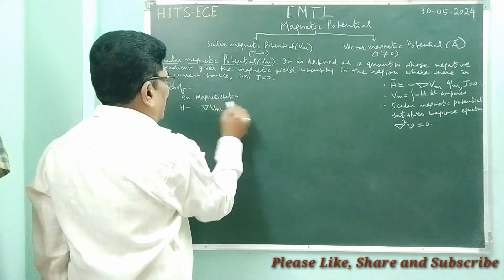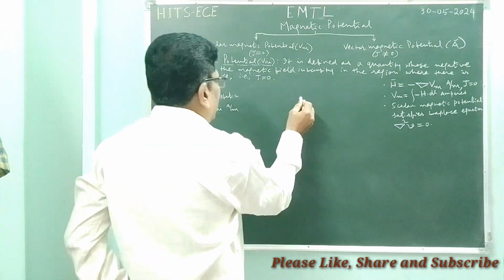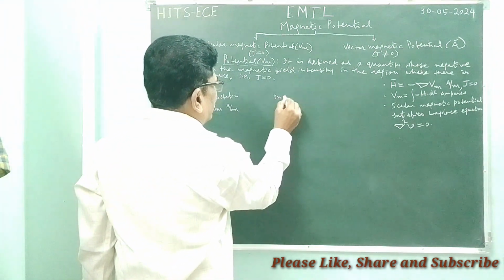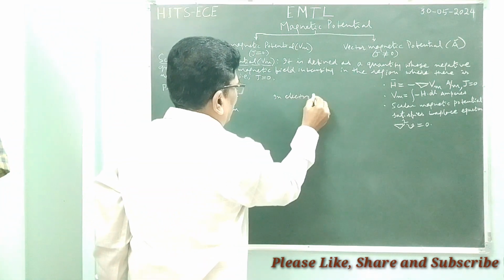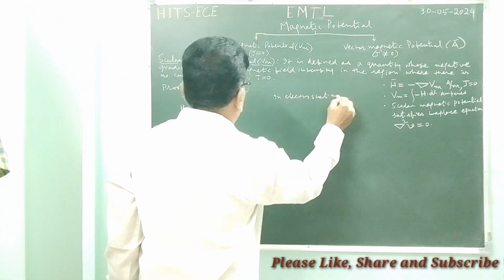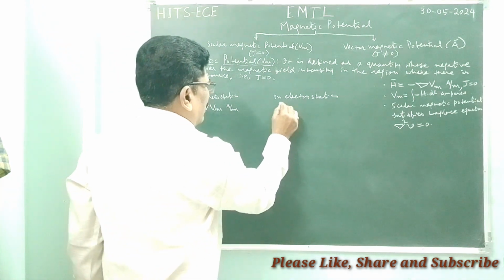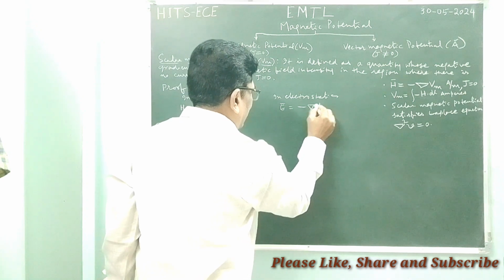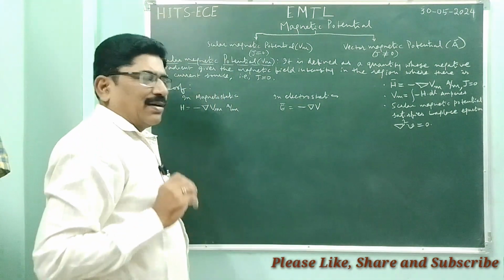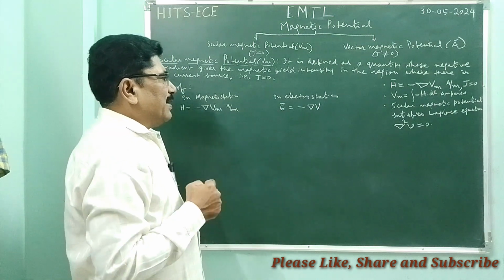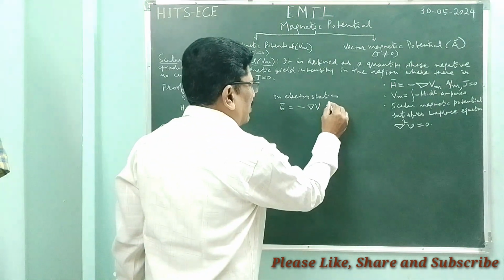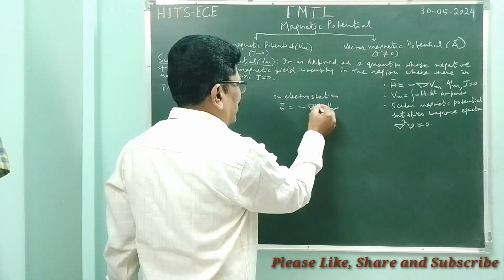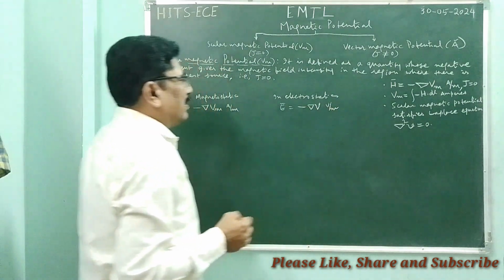Analogous to this expression, in electrostatics, E is equal to minus del V. This I have already covered in the earlier classes. E is equal to minus del V, units are volts per meter, where V is voltage.